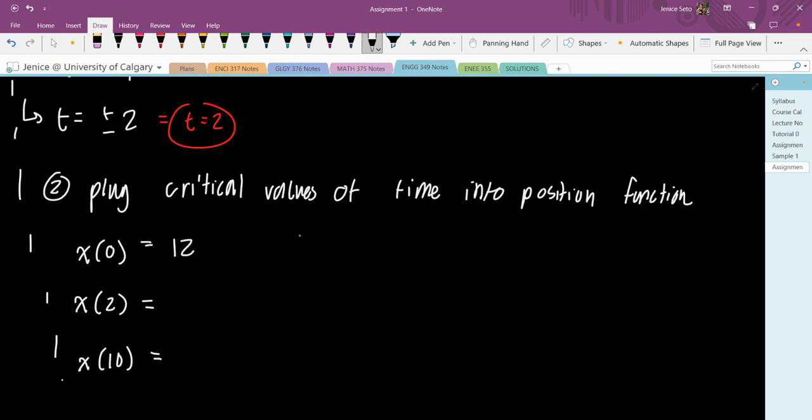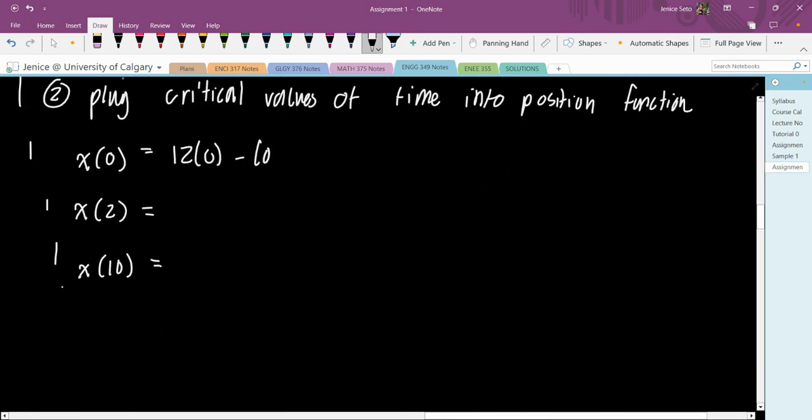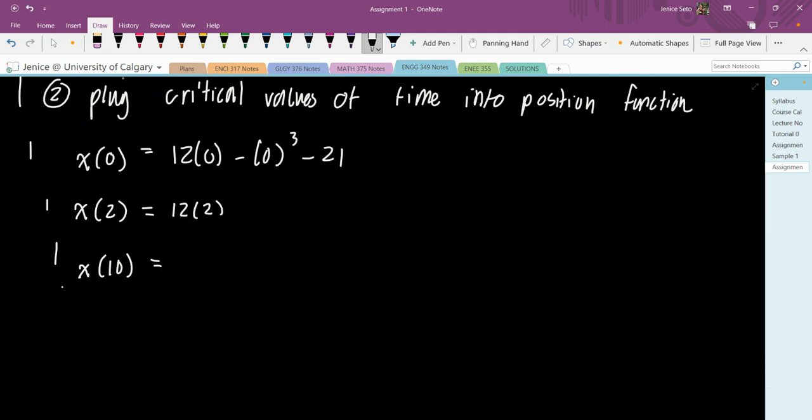So this is going to be 12 times 0 minus 0 cubed minus 21, 12 times 2 minus 2 cubed minus 21, and 12 times 10 minus 10 cubed minus 21.